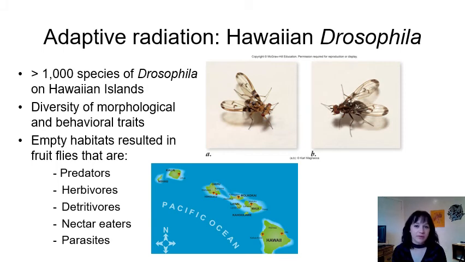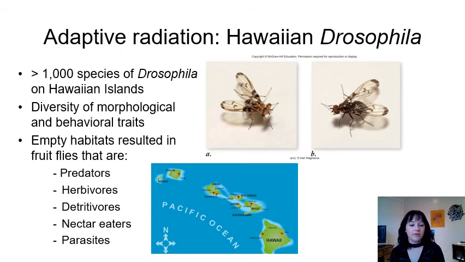Let's look at another example of adaptive radiation here in Hawaiian Drosophila, or flies. So on the Hawaiian Islands, there are over 1,000 different types of flies. Who knew there could be so many types of flies, right? We've got an example of two different flies, two different species. You can see they vary a little bit in their appearance, right? And they also can have different behaviors as well. And so flies traveled to all these different islands, radiated to these different islands, adapted to each unique environment that they encountered.